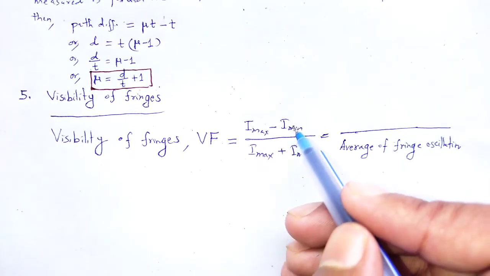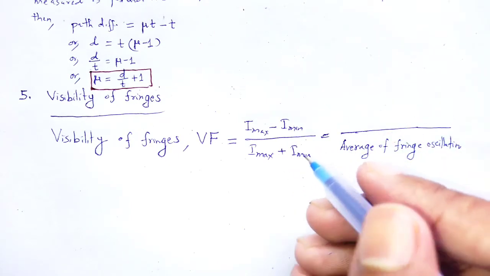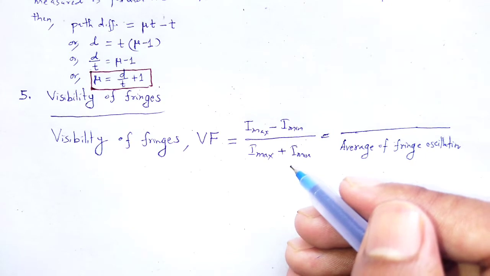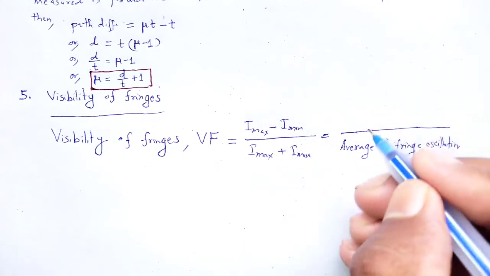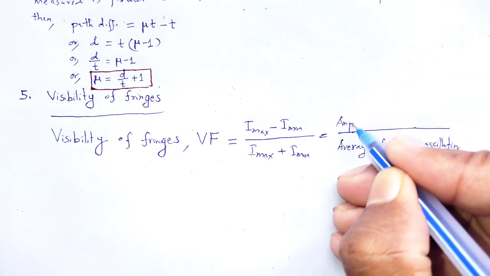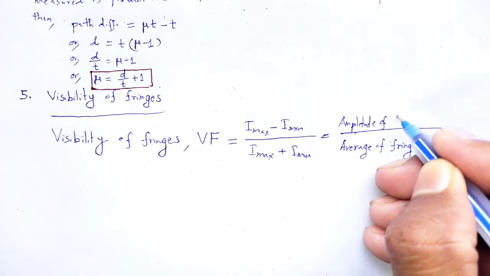I max minus I min, the difference of intensities of the two interfering beams, is referred to as the amplitude of fringe oscillation.